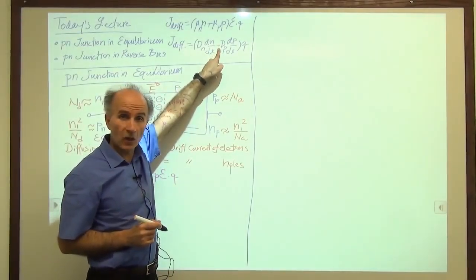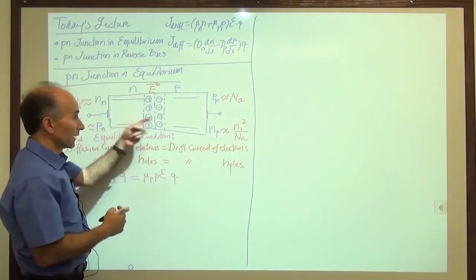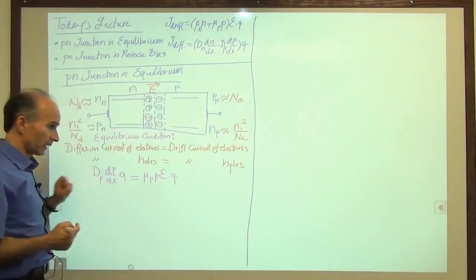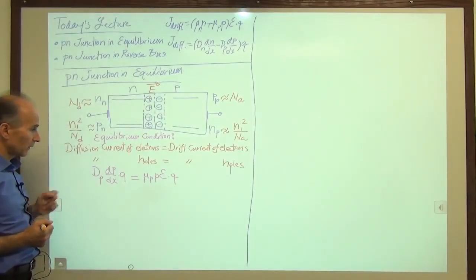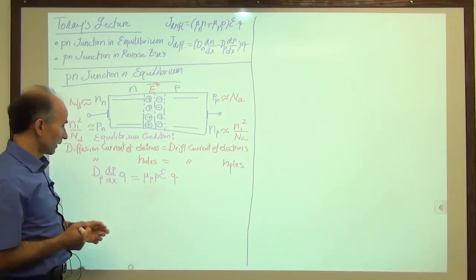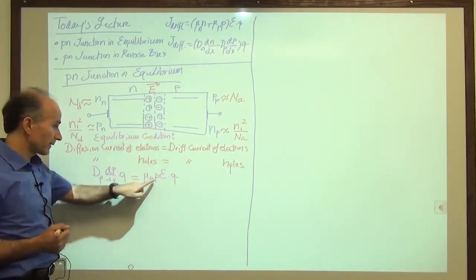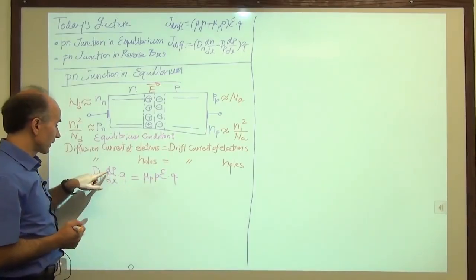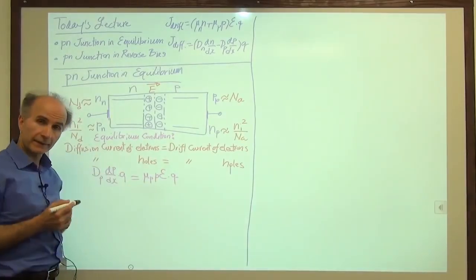That negative sign is gone because I'm trying to cancel two currents that are flowing in this junction. So that's why we don't have a negative sign here. All right. So we have an equation in terms of E, the electric field inside here, the density of holes, and the gradient of hole densities, and then some other constants.